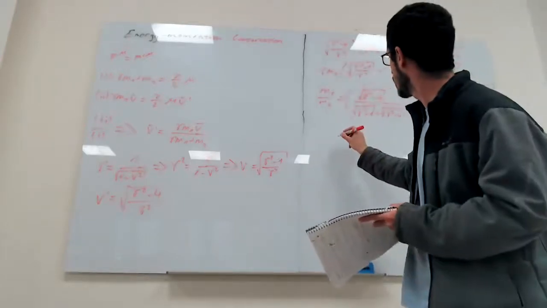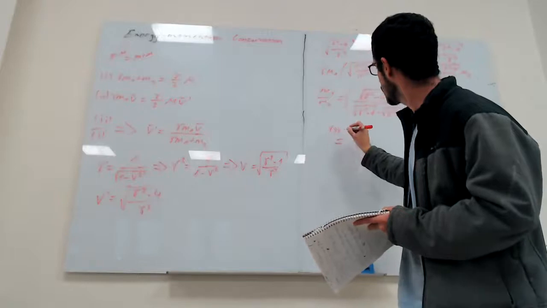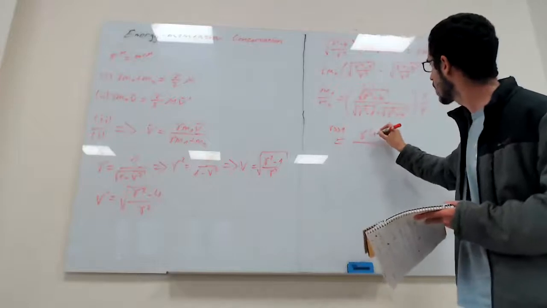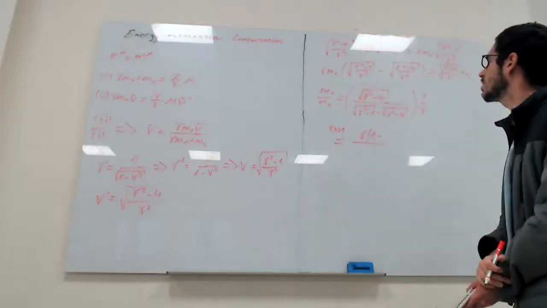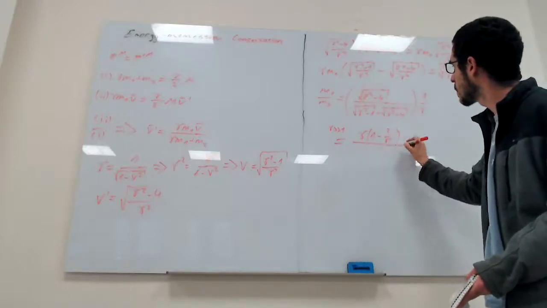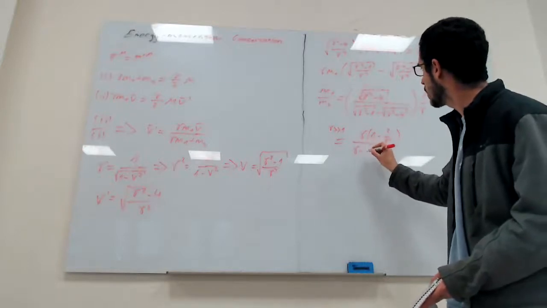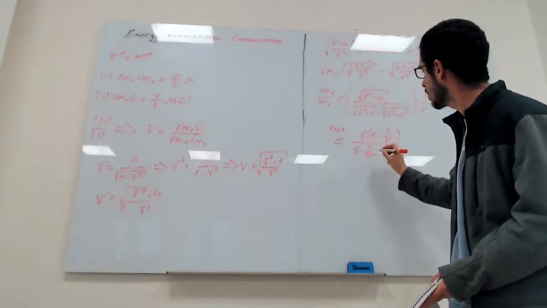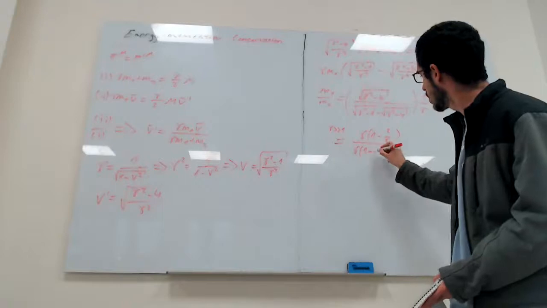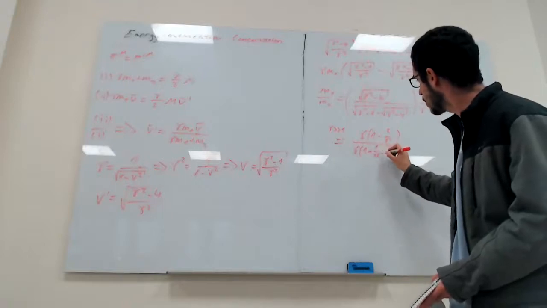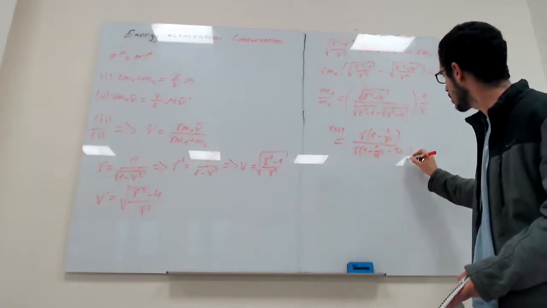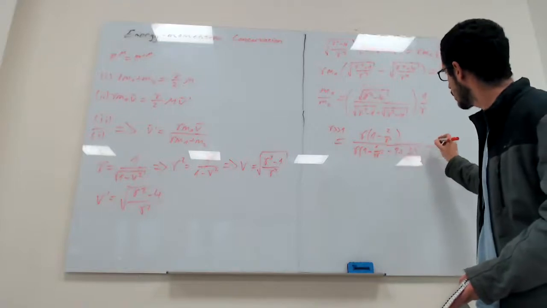So we get gamma minus 1 squared over half gamma squared, and minus 1 plus 2 over gamma squared.